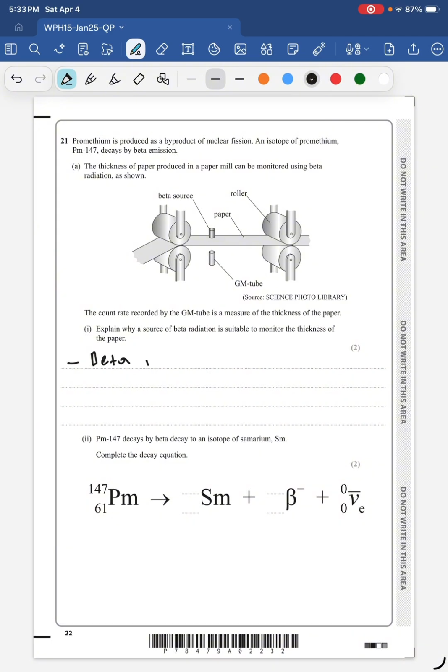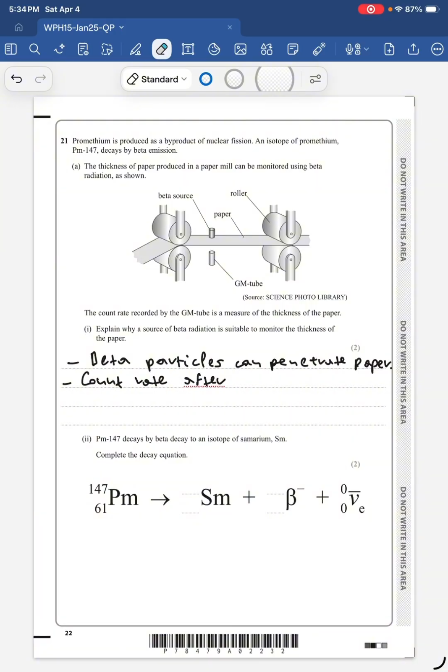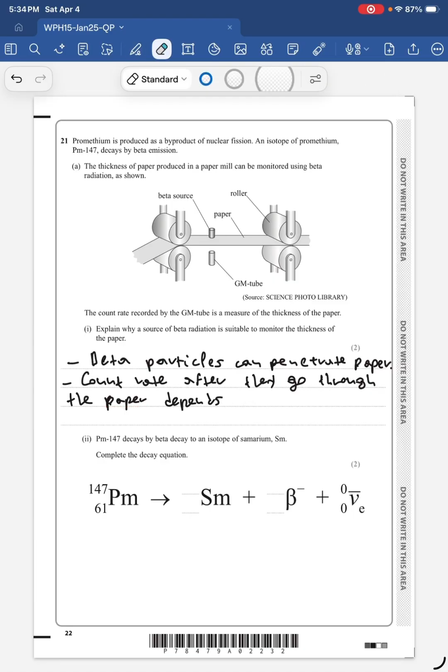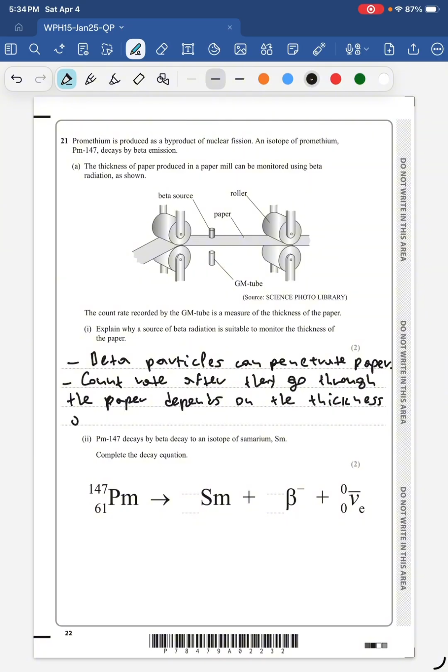So beta particles can penetrate paper, and the count rate after they go through the paper, I'm not going to write it in parentheses because it's important, depends on the thickness of the paper.